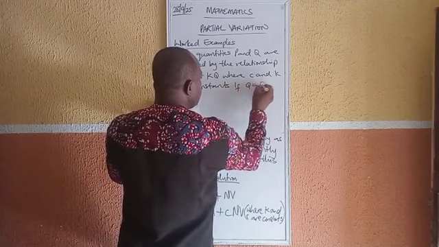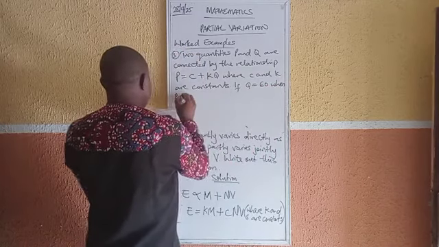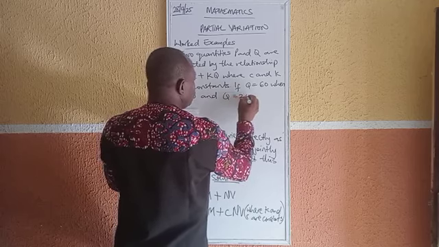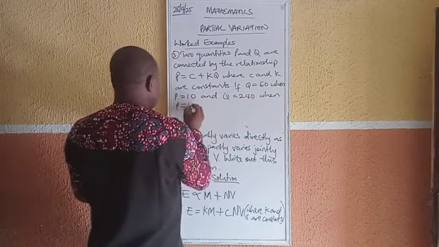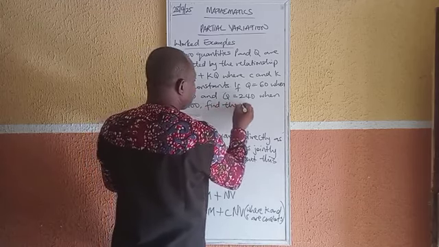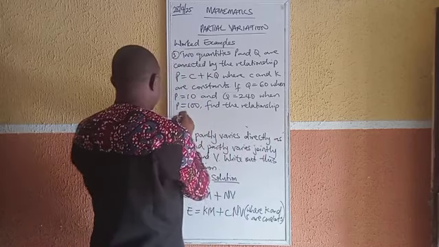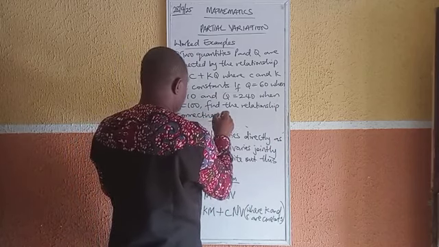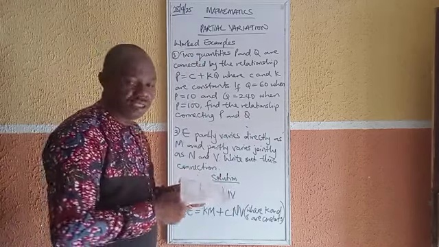If Q equals 60 when P equals 10, and Q equals 240 when P equals 100, find the relationship connecting P and Q.